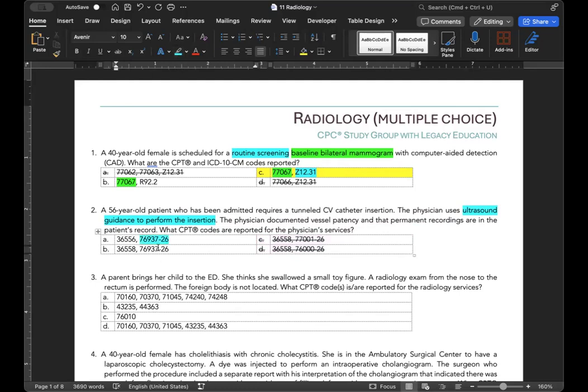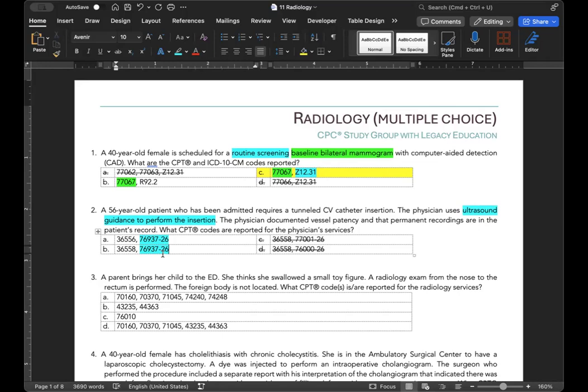Now, the 26 is appropriate because they are admitted. So that's telling us that this is an inpatient procedure, and therefore they are only doing the professional component of the ultrasound guidance. And then the technical component would be billed for that facility by the facility.